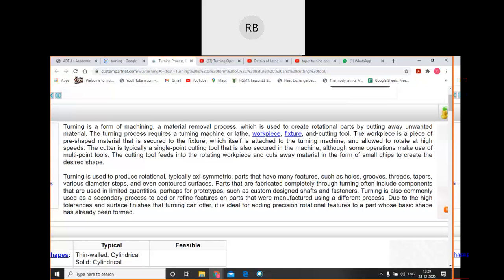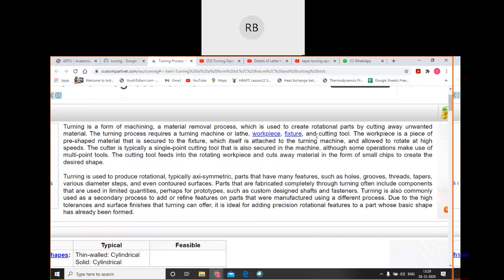If you have a cylindrical rod, if you want to remove the excess material, or if you want to decrease the diameter of a rod, or any cylindrical object for that matter, then you will use the turning process. It is done in a turning machine, or you can do it in the lathe machine that you have in your workshop. Today I will show you a video of the parts of a turning machine, if you have not seen the turning machine yet.